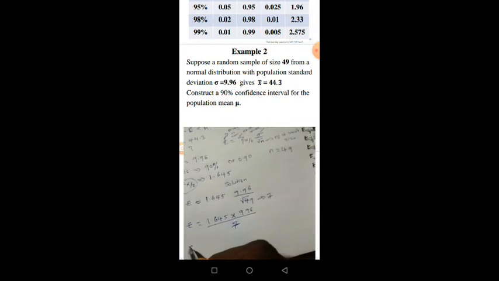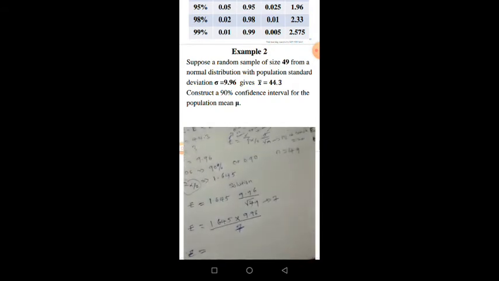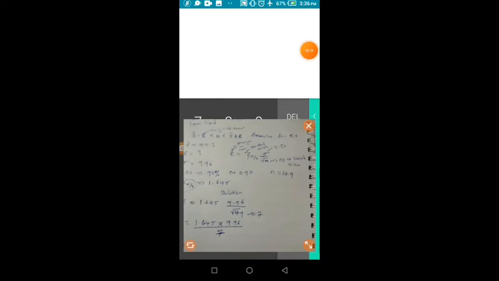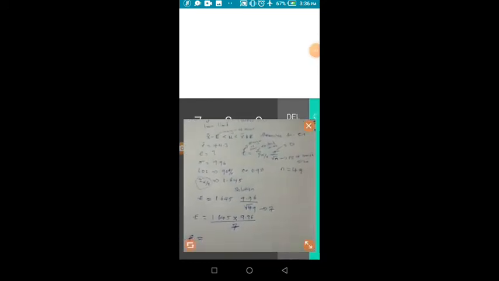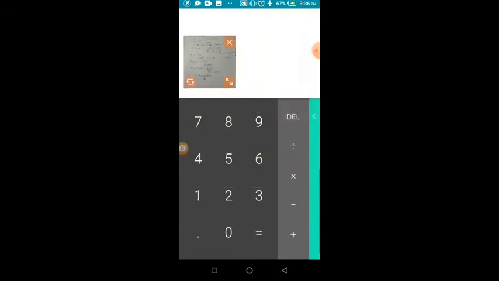Now let's navigate to our calculator and work this out to see the final answer. Okay, now here is our calculator. 1.645 times 9.96 equals 16.3842, divided by 7.